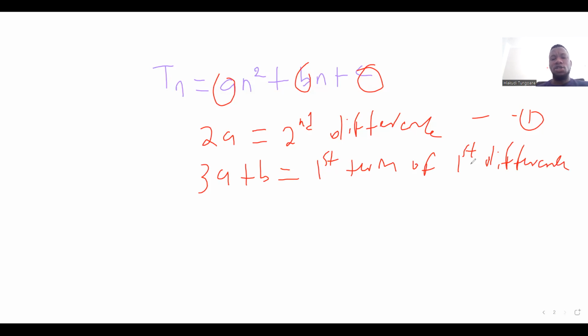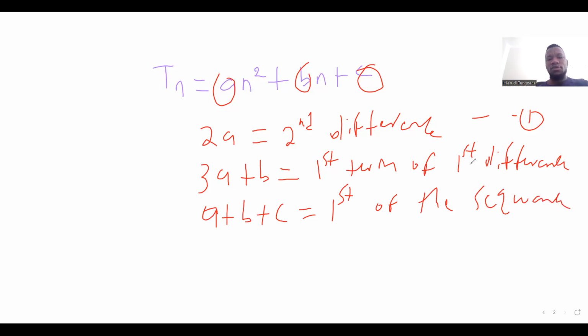That can be equation 2. And then the third equation to solve is a plus b plus c must equal the first term of the sequence. Okay, so now we just need to solve those equations.